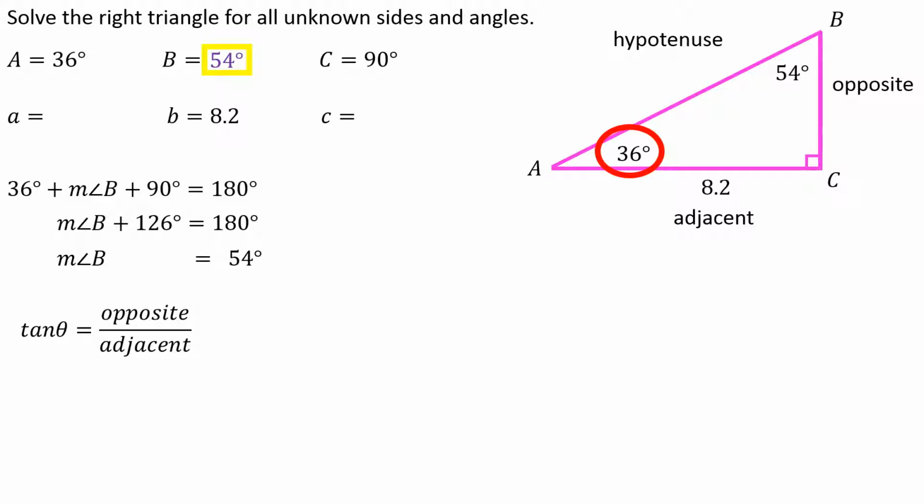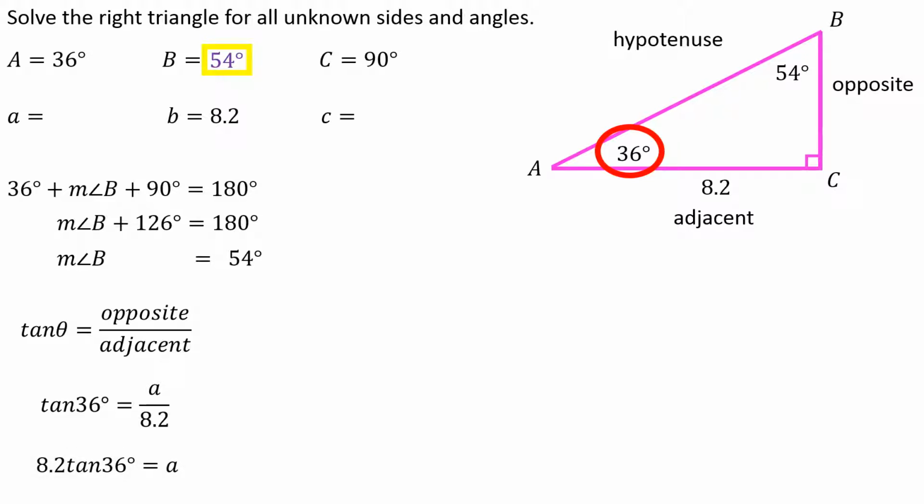Tangent of theta is the ratio of the opposite side to the adjacent side. Or in this case, the tangent of 36 degrees has to be a over 8.2. The side opposite angle A is lowercase a.